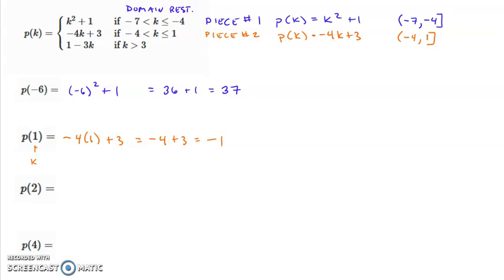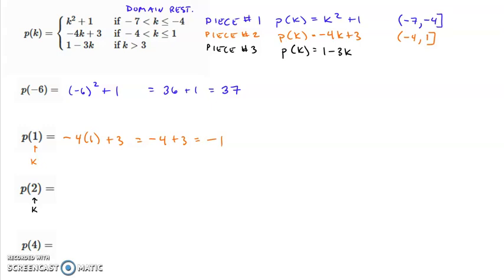Let's go ahead and do our next one, which is P of 2. Remember, this is your k value. Right? And when you're looking at our domain restrictions up there, you'll notice that 2 is not in any of these domain restrictions, right? Because our third piece, piece number 3, we're using the function P of k equals 1 minus 3k.